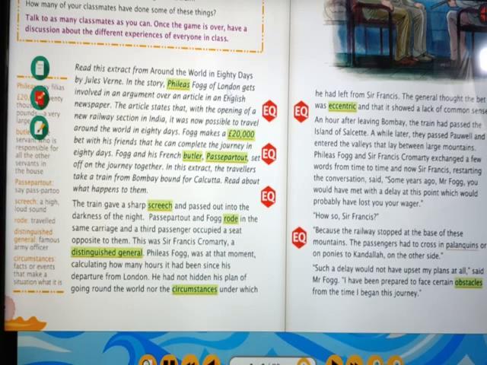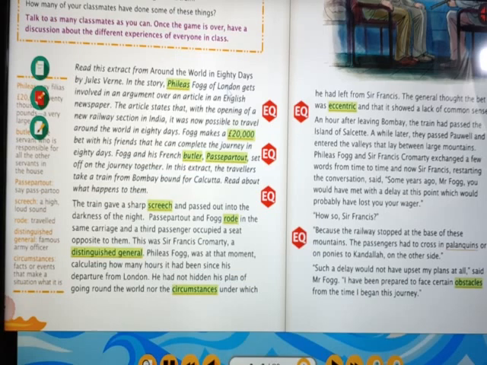He was a distinguished general. Who is a general? General means an army officer. He is a famous, distinguished general. This Francis Cromarty is a famous army officer. 3 of them started their journey.